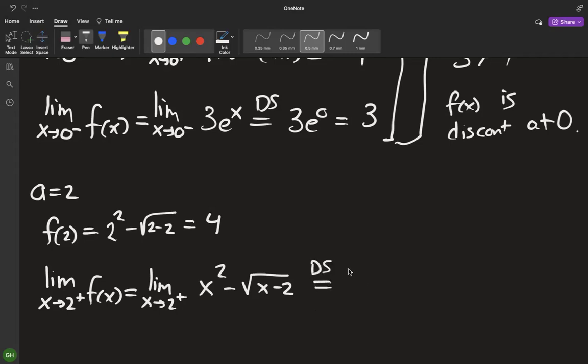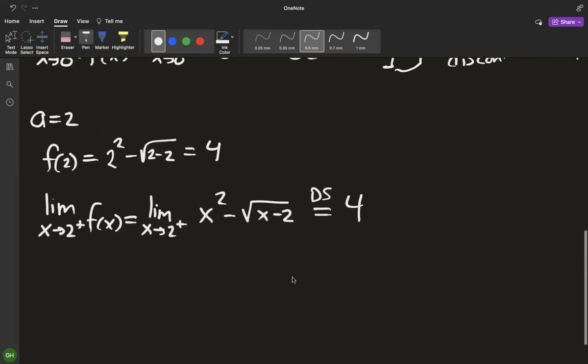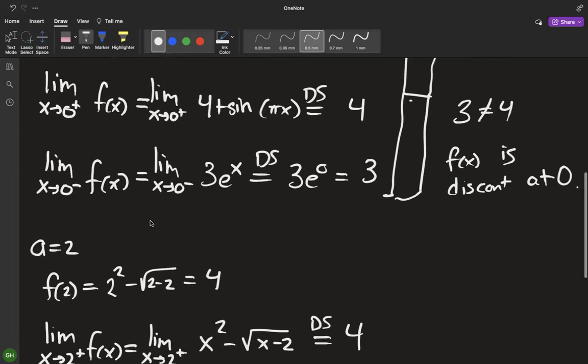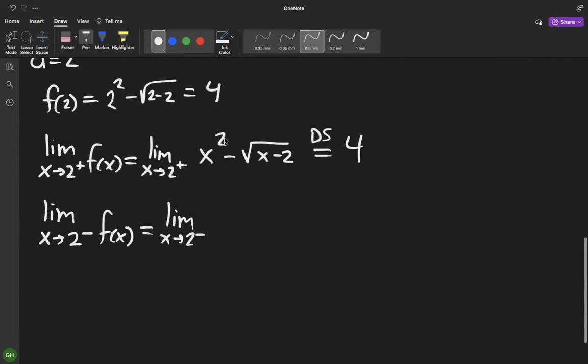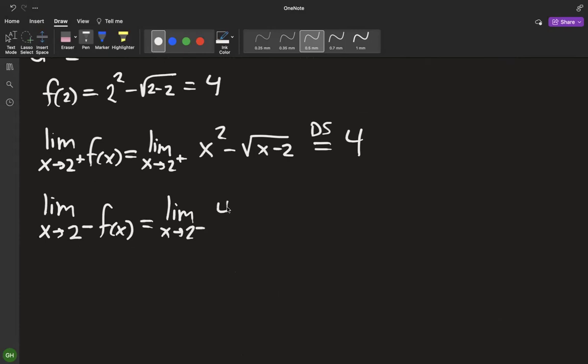Again, I could do direct substitution. It's going to give me the same thing as before. Then the limit as x approaches 2 from the left of f of x, if x is slightly smaller than 2, that puts me in the middle row again. So this is 4 plus sine of pi x.